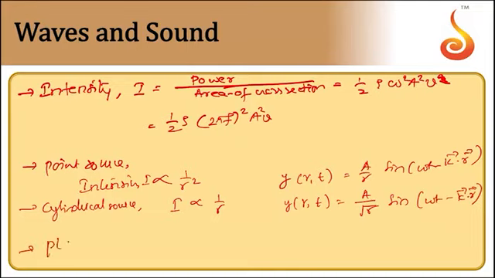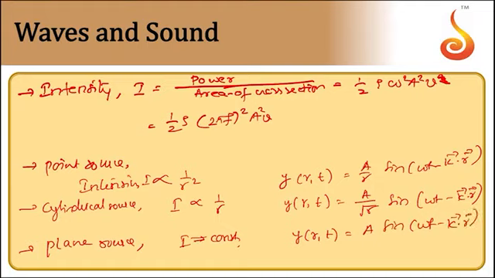And for a plane source, I is independent of r, constant. So y(r, t) is constant here, sine (omega t minus k dot r). So the expression for the intensity due to waves of different types is given by this important expression.